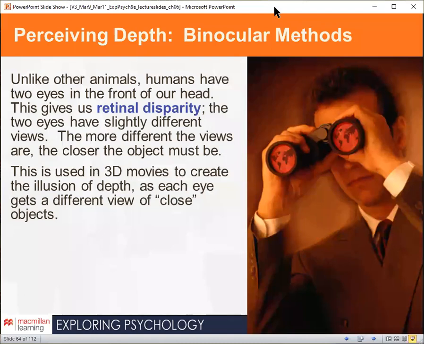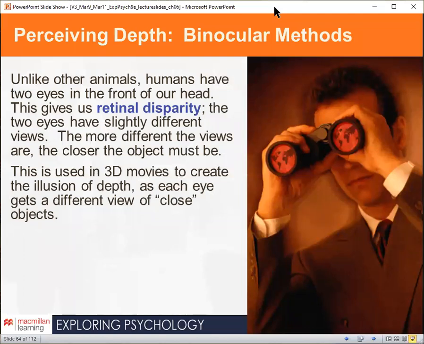Now, unlike other animals, humans have 2 eyes in front of our head. Now, note this. I don't know if you've paid attention enough, but a lot of animals, their eyes are sort of more on either side. But for us, we have 2 eyes dead center in front of our head. This gives us retinal disparity. The 2 eyes always have a slightly different view of what they're looking at.